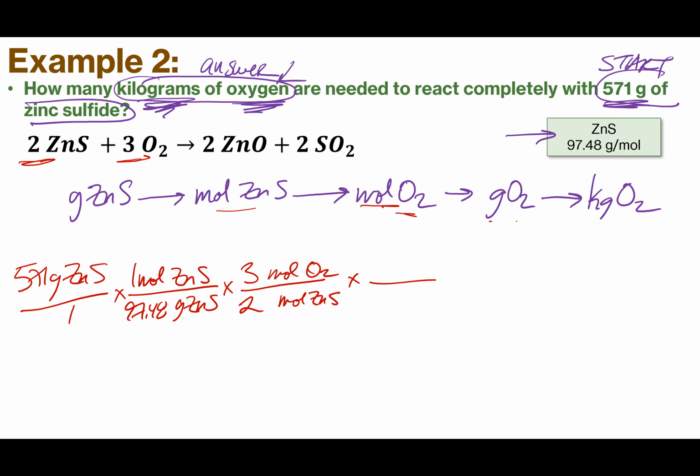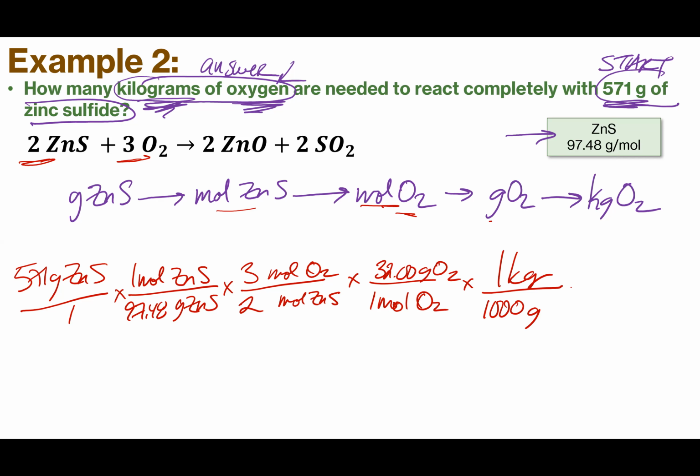Now we're going to grams of O2. 1 mole of O2: oxygen is 16, so 2 oxygens is 32 grams. And now we need to get to kilograms. Remember, 1,000 grams is 1 kilogram.